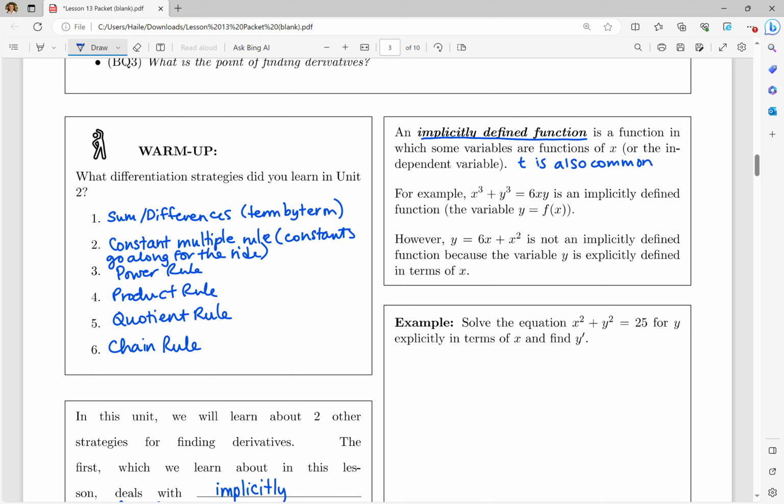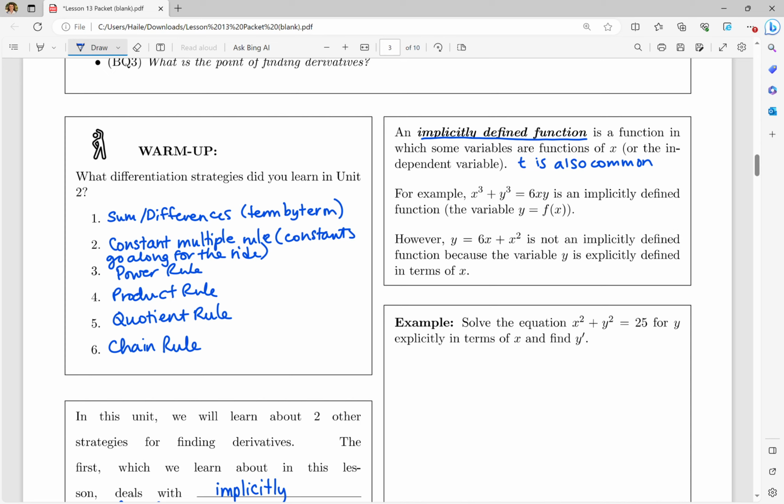As you work through the pre-recitation prep, you might have area, which you probably want to call A, or volume, which you want to call V. So it's important to know what your implicitly defined variable is and what it is a function of.